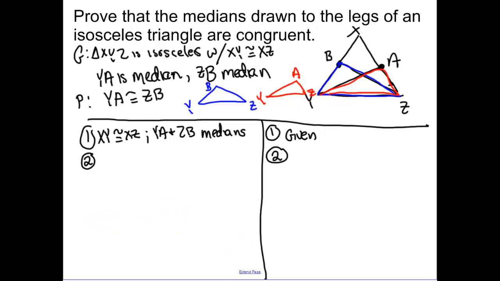So we're going to try and prove those congruent. The pieces that are congruent: my base is shared, so my bases are equal. If I could get this big angle here equal to that big angle, I'd be golden. Well, how do I know that? Write something about the given.